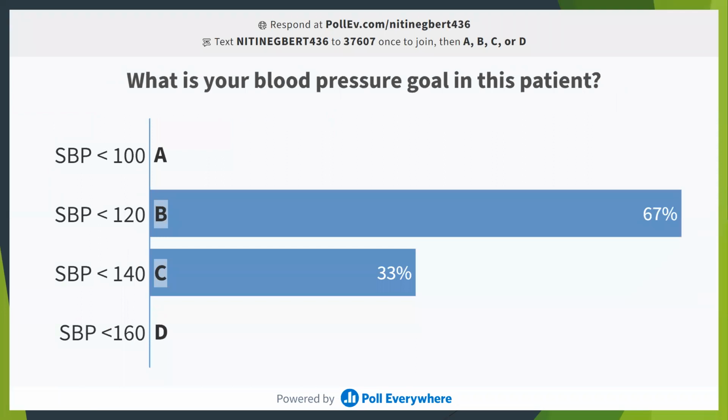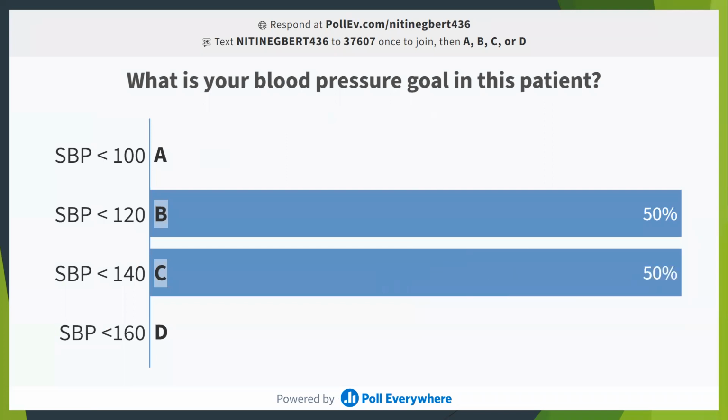All right, we got 2 answers for SBP of less than 120 and 1 answer for SBP of less than 140. Anyone else want to throw in their answer? I'll give you about 30 seconds. Got 1 more for SBP of 140. Oh, you can change your answer. You can always change your answer if you want.